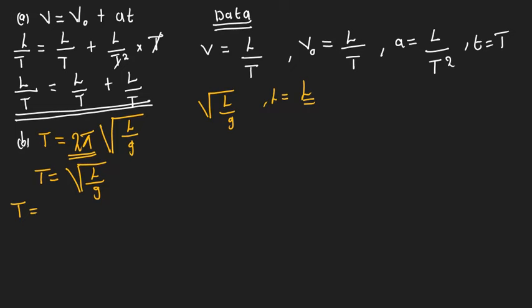What are the dimensions of G? G is the acceleration due to gravity, and it is the same as acceleration, it will be measured in meters per second.